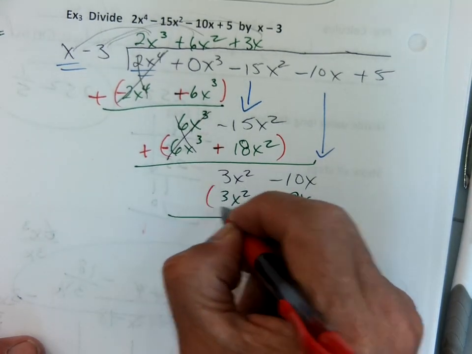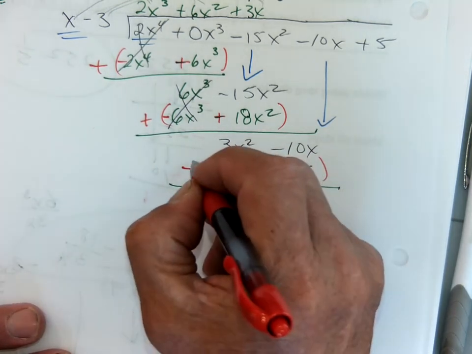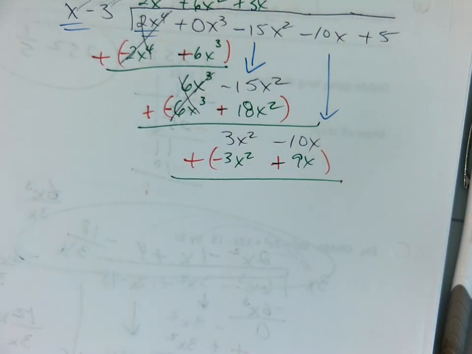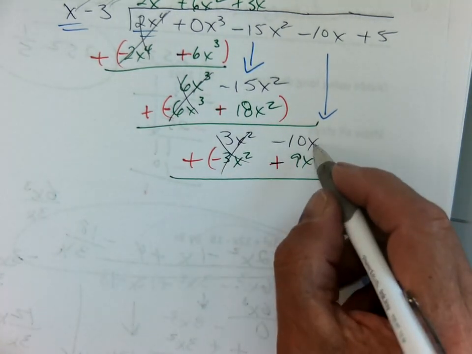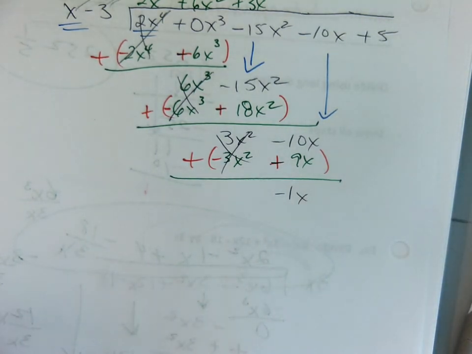I want to subtract. So I like to add a negative so I don't make a dumb mistake, because I make them all the time. Cancel. Negative 1x. Bring down the next term. Bring down the plus 5.